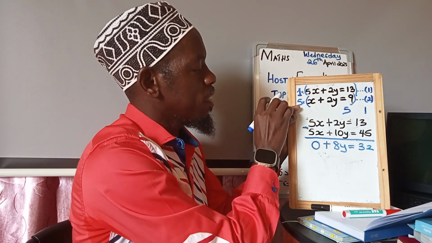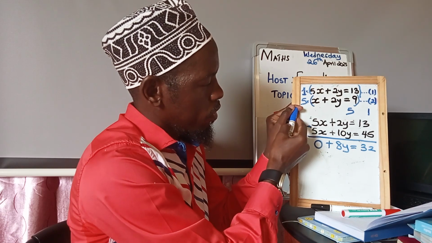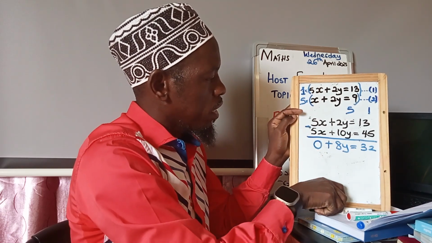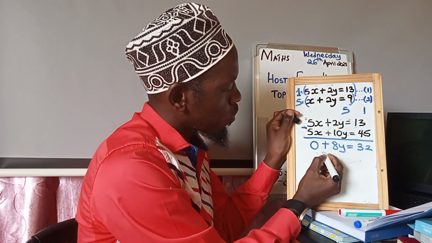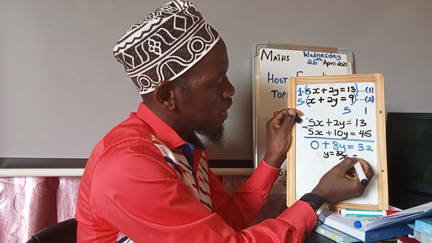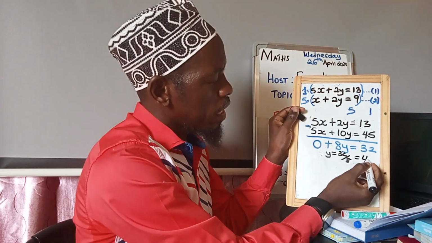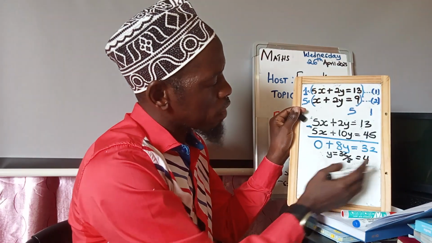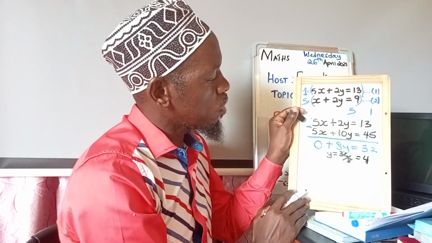So you've already seen this in one of our previous equations. So how do we get y? For us to be able to get y, y will be equal to 32 over 8, and that gives us 4. Again, after having got y as 4, proceed to obtain your x.